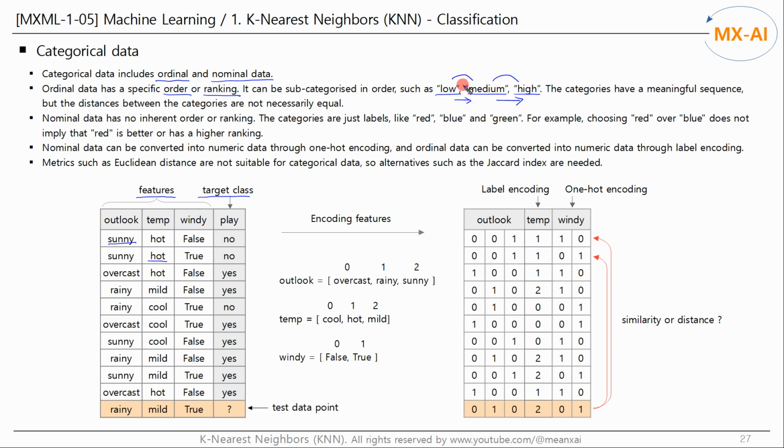You could say that medium is slightly larger than low, and high is much larger than low. Nominal data has no inherent order or ranking. The categories are just labels like red, blue, and green. For example, choosing red over blue does not imply that red is better or has a higher ranking.